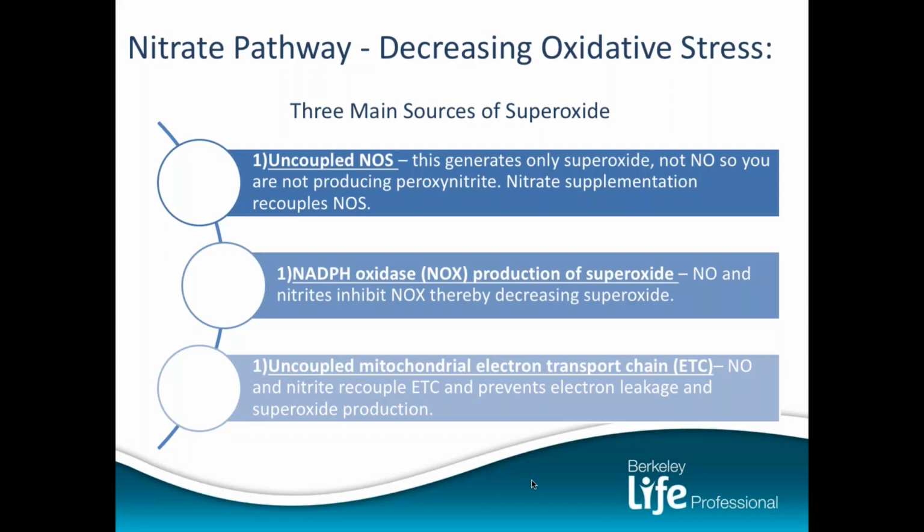So there's a new paradigm that's emerging from some of the nitric oxide researchers saying that nitric oxide and its metabolites may be present in different diseases. However, it doesn't mean that it's causing the pathology.